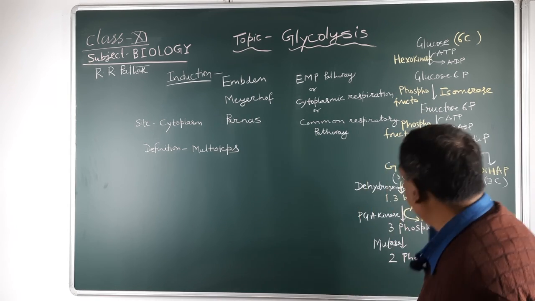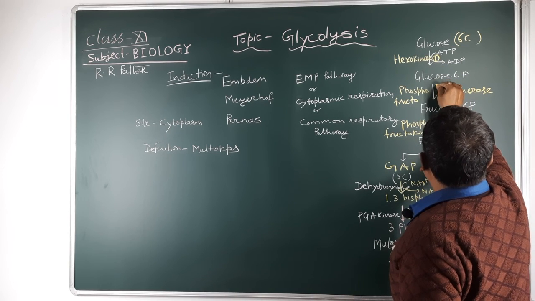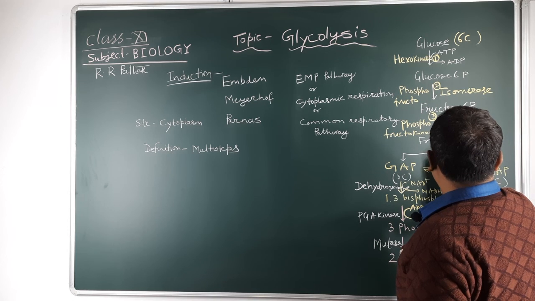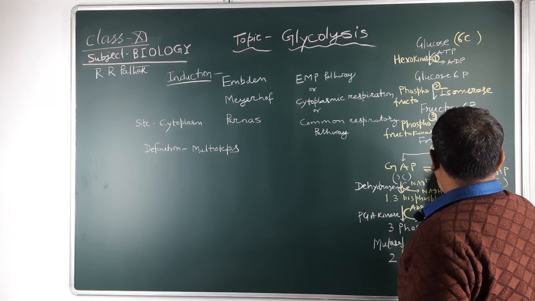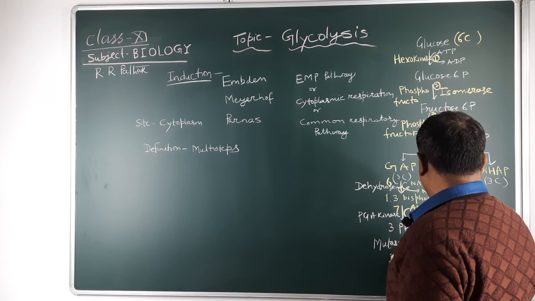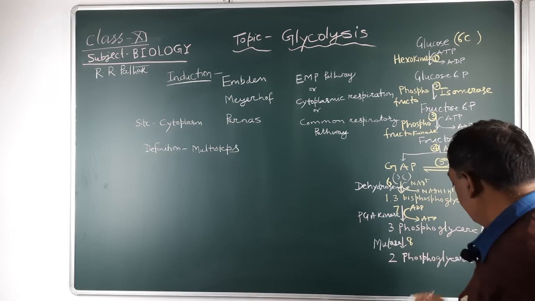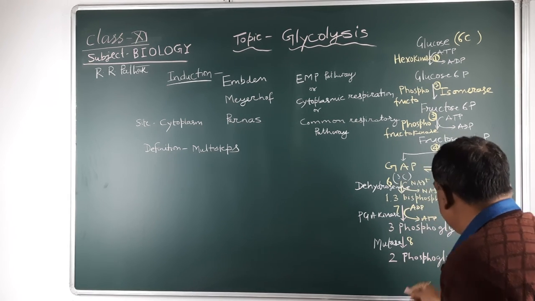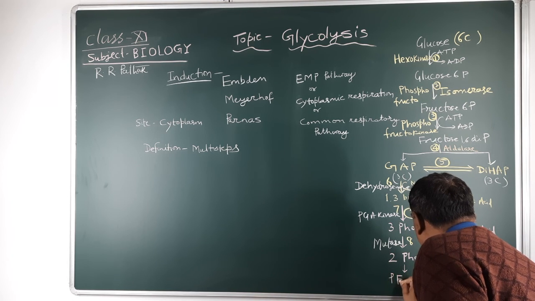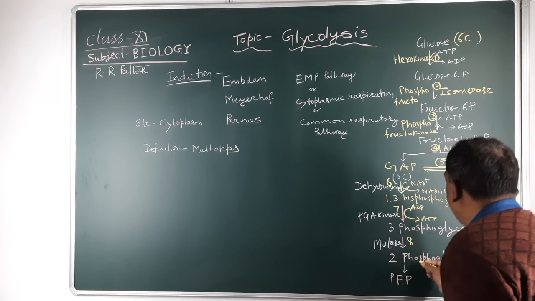It is a multi-step process, with steps numbered 1 to 9. 2 phosphoglyceric acid is further converted into PEP. PEP is also called phosphoenol pyruvate.